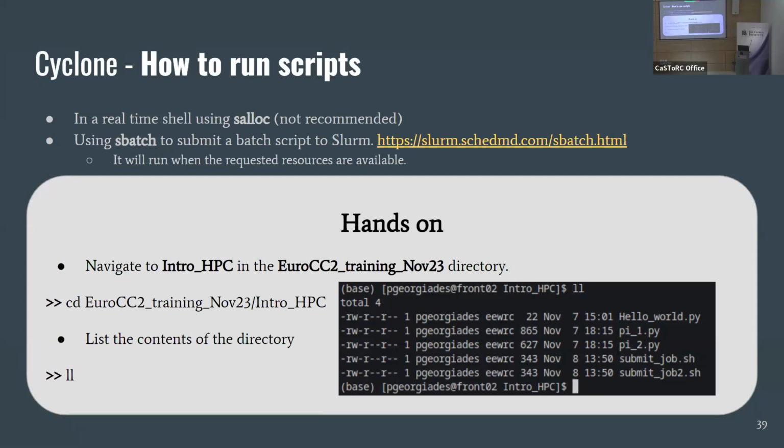And you should see hello world on your terminal. Yes? So your allocated live shell should have expired by now. Don't worry about that. We're going to use the sbatch command from now on.